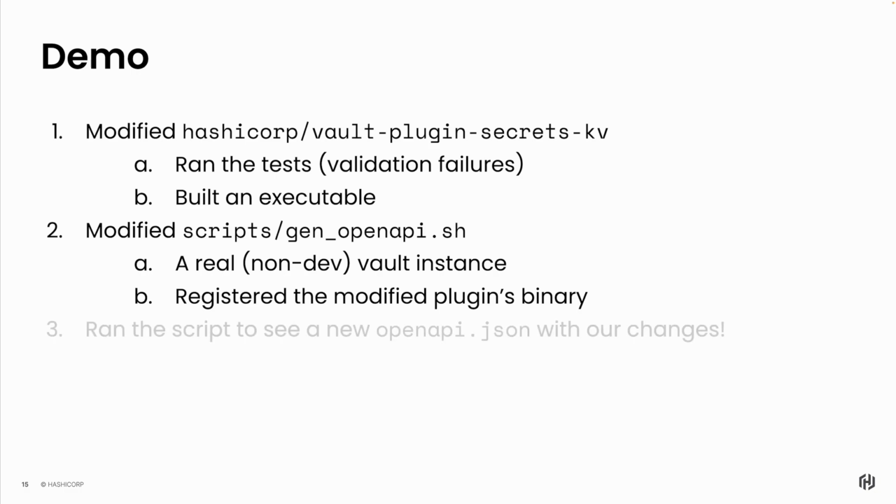We registered the plugin's binary, and finally we ran the script to see a new OpenAPI.json with slightly modified fields. For the official release of the OpenAPI spec, we're planning to simplify this process with CI automation, but I think it is still worth understanding how to do it locally.